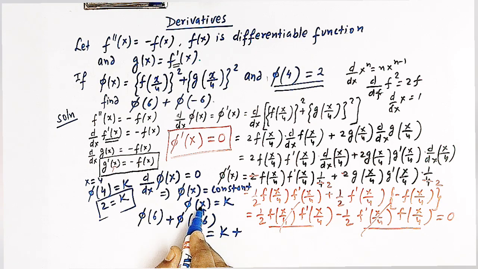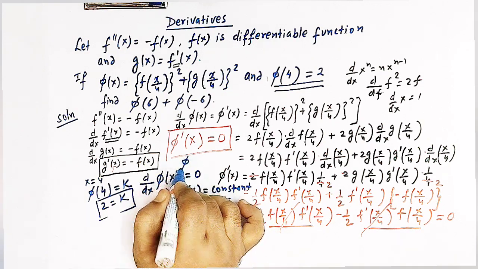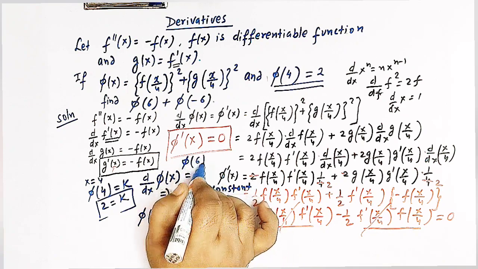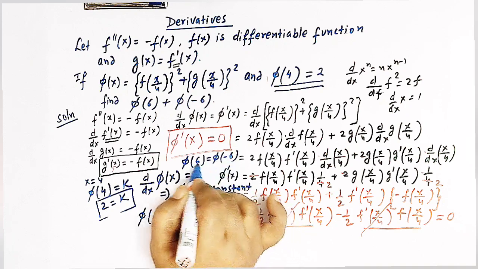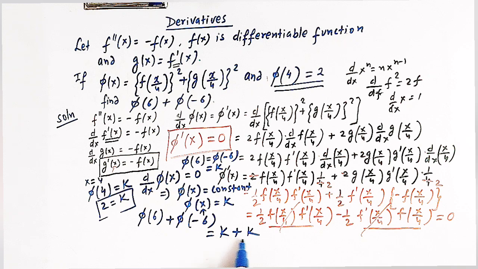And when we replace x by minus 6, then again we'll get phi(-6) is equal to k, because phi(x) is equal to k, so phi(6) is equal to phi(-6). So both these are equal to the constant k. So we have k plus k, that is equal to 2k, and the value of k is equal to 2.